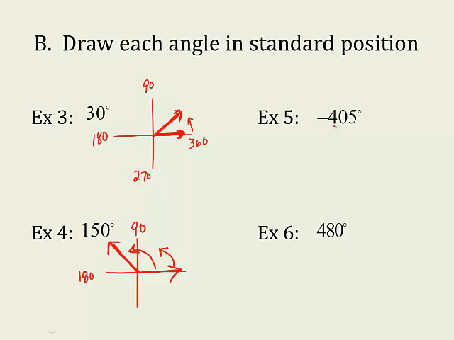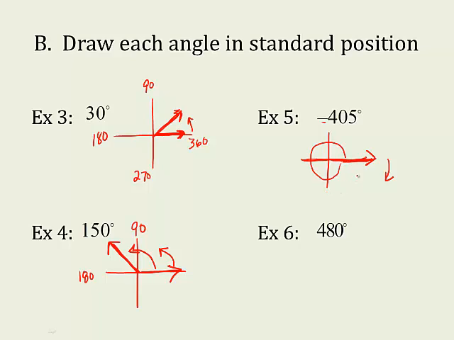Number 5, negative 405 degrees. All right, let's think about this. If it's negative, it's going clockwise. This is still my initial side, no matter what. But it has to go negative 405 degrees, so negative 360 is a full rotation.